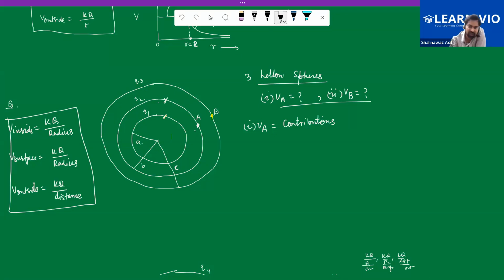I want to calculate V at A, potential at A. So how many contributions would be there? Yes, Alia. There would be three contributions because there are three charges.